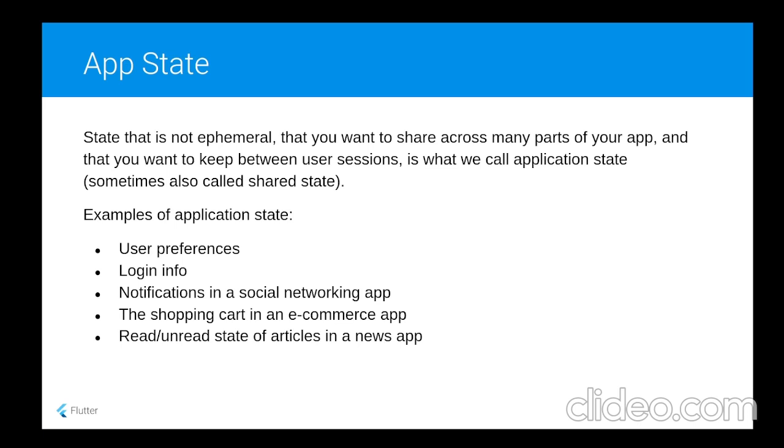Next can be notifications in a social networking app. Next can be the shopping cart in an e-commerce app. This we all already saw, right? Let's say there is an e-commerce app which has a list of products. You select a product and then you add to cart.